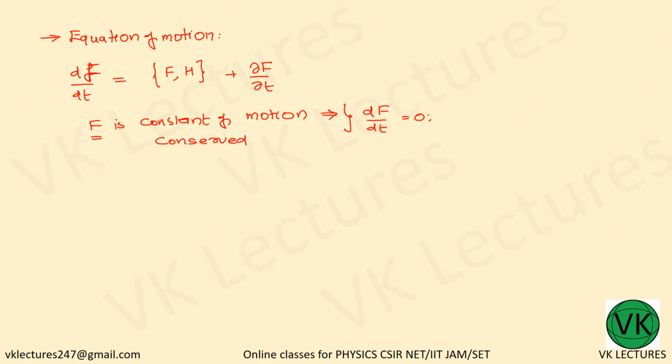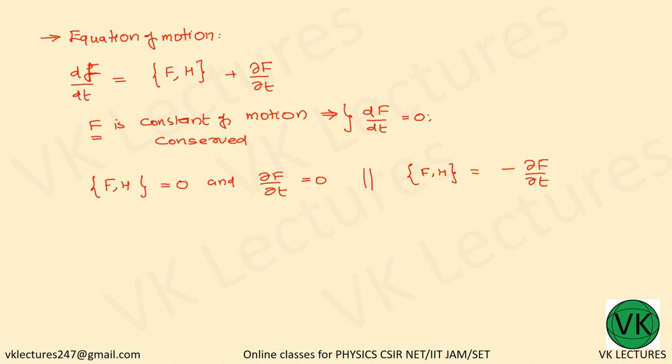For this there are two conditions. Either {F, H} and ∂F/∂t together equal 0, that is, {F, H} is equal to minus ∂F/∂t. In either of these conditions we can say that F is a constant of motion.